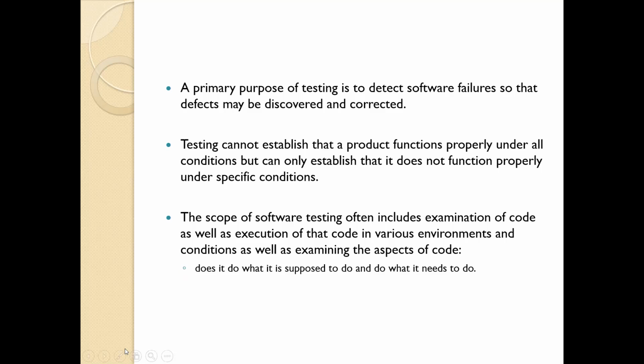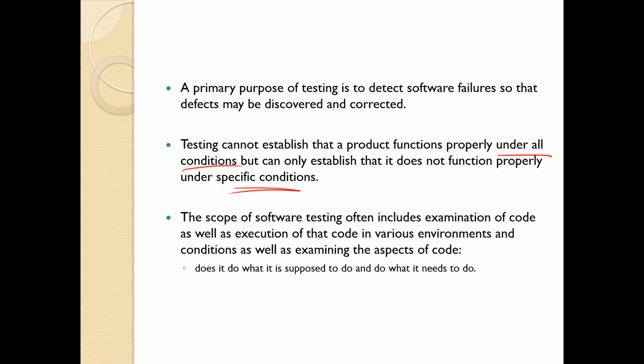A primary purpose of testing is to detect software failures so that defects may be discovered and corrected, so that's pretty obvious. Testing cannot establish that a product functions properly under all conditions. That's impossible. You can only establish that it does not function properly under specific conditions. So basically, if you have run a test and you find unexpected behavior, you've met one of those conditions.